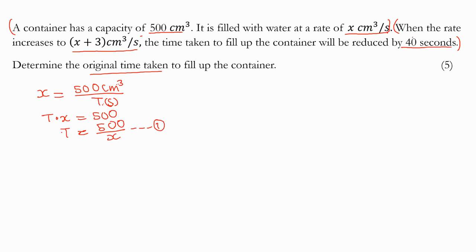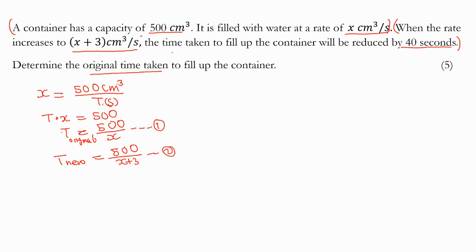And then now, when the rate increases to x plus 3, it means we're going to have a different time, isn't it? So for this second one, let's call this one time original. Then time new is going to be 500 divided by the new rate, which is x plus 3, which is equation 2.